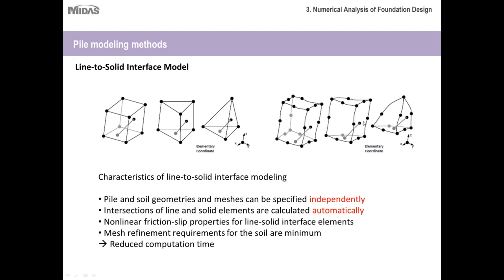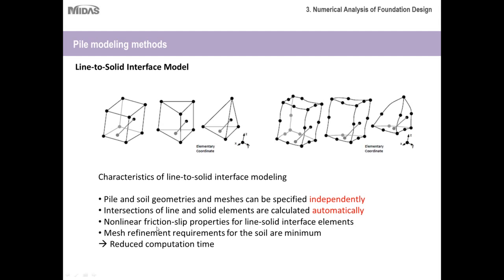When you do the meshing, the program will automatically identify that this is the point of intersection of the solid with this line element, and therefore it should have nodes here in order to get a refined meshing. So these types of considerations are automatically incorporated when you're using line to solid interface using embedded pile elements.